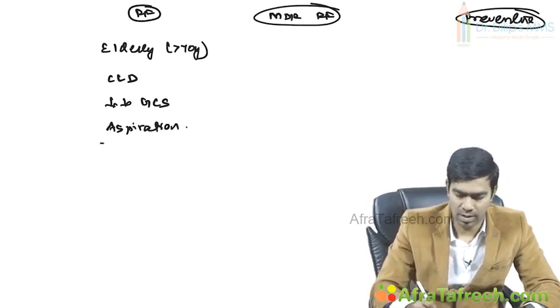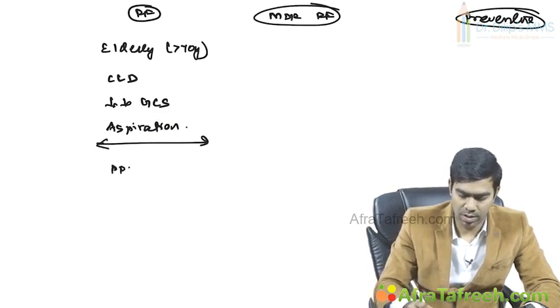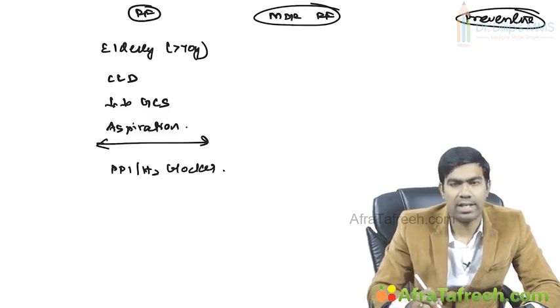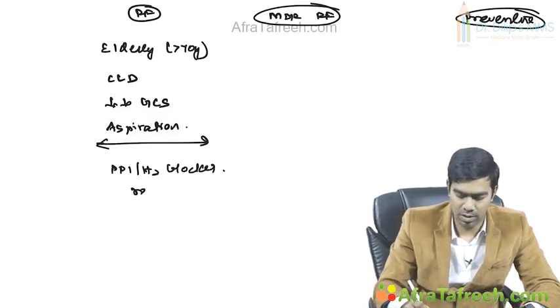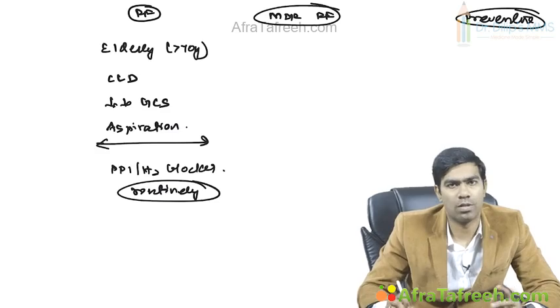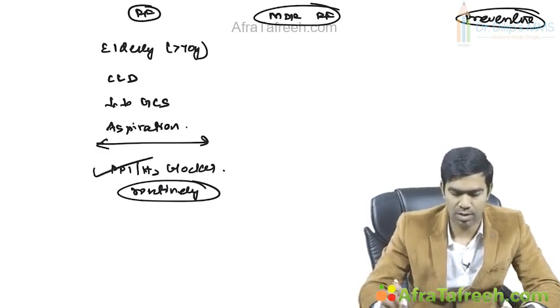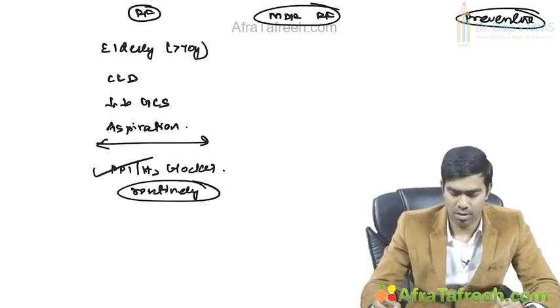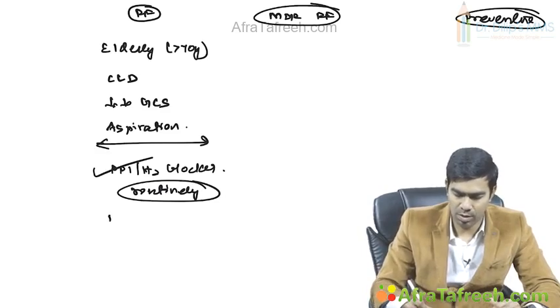Apart from that, routine acid suppressing therapy like using proton pump inhibitors or H2 blockers routinely is again a very important risk factor for ventilator-associated pneumonia. And use of broad spectrum antibiotics.